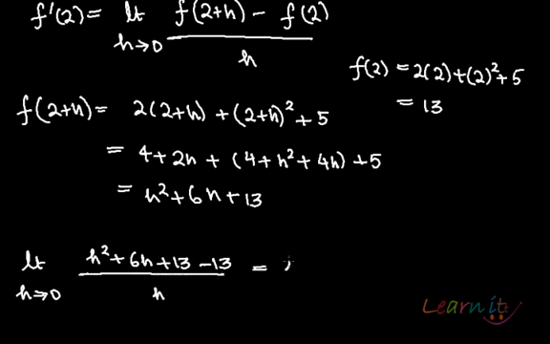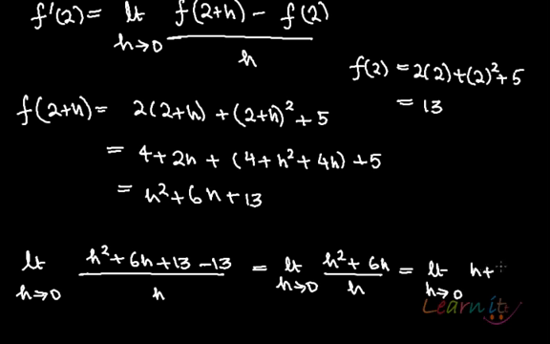So this becomes the limit as h tends to 0 of (h square plus 6h) by h, which is equal to the limit as h tends to 0 of h plus 6, which is equal to 6.